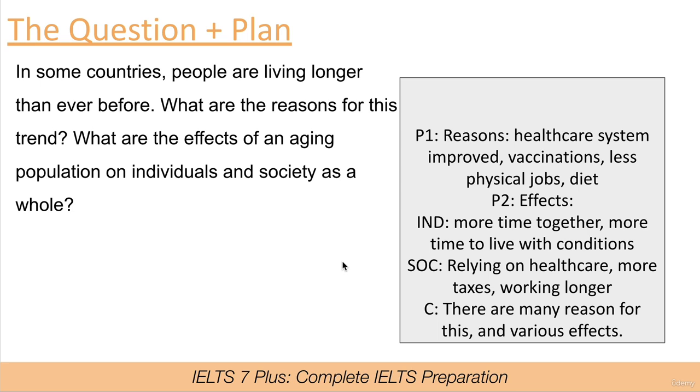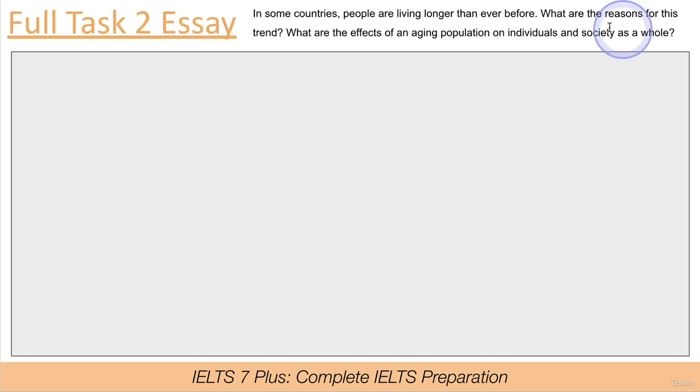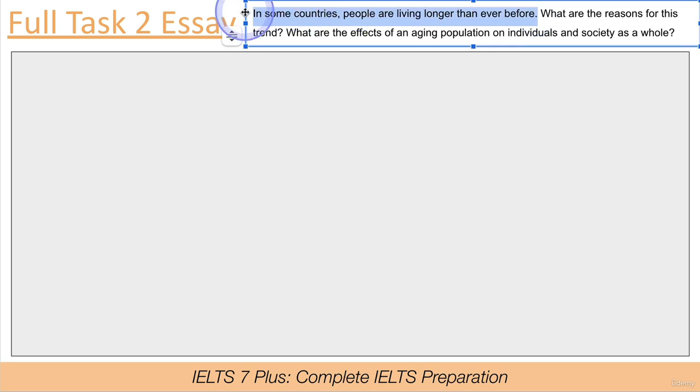So those are our two sides, and we're making sure to include individuals and society. If you don't, you're not answering the question properly, and this will affect your score. So really important to pay attention to any small words like this, and make sure that we're addressing all parts of the question.